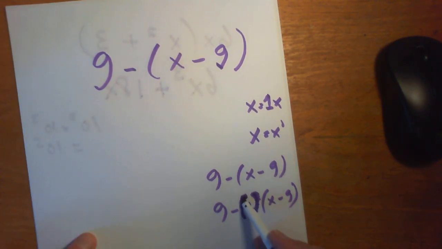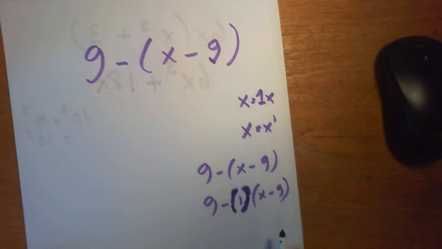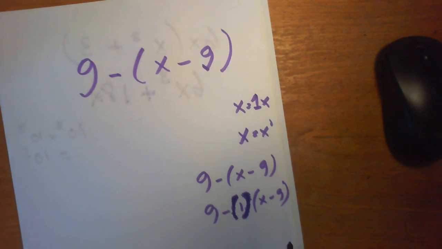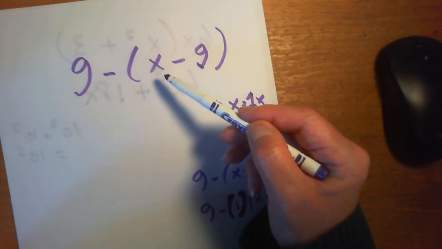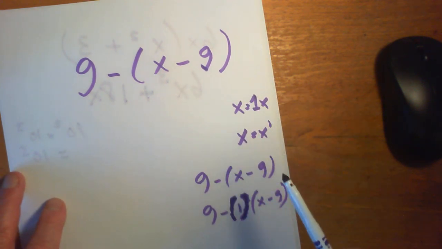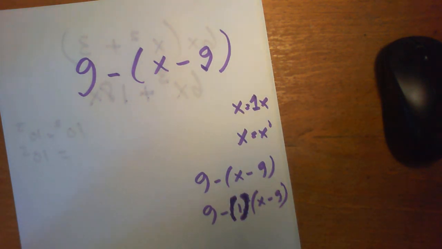Sorry for the mess I'm making here. Again, those are crossings out. It's just 9 minus 1 times the bracket. So you could say minus 1 times that, and minus 1 times that. That would be the standard way, in line with what I've just said.